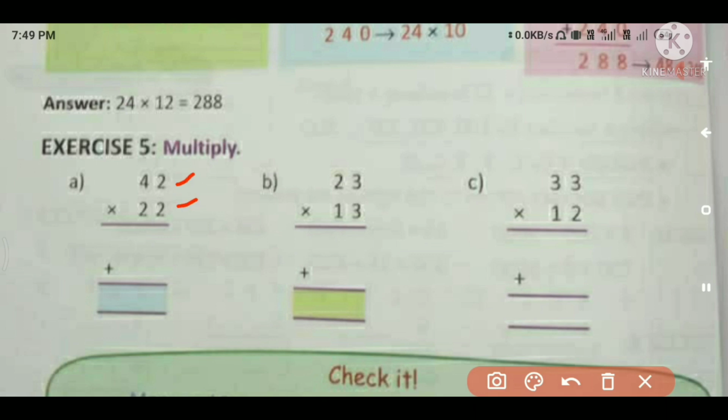Okay, so first of all what we will do, we'll write this 22 as 20 plus 2, right? So first of all we'll multiply 42 with 2, and then we'll multiply this 42 with 20.